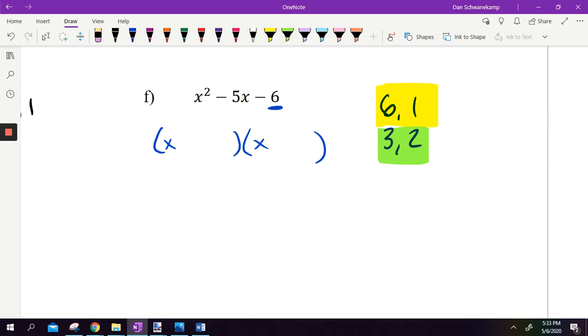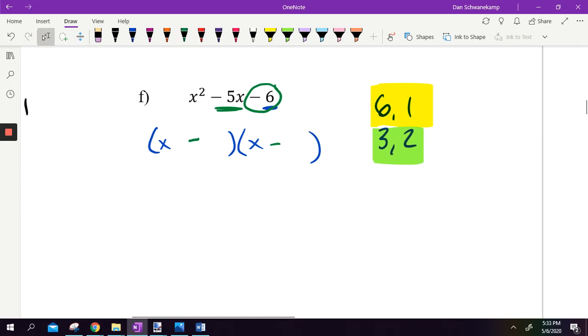The key is the signs. How could I get negative 5? Well, I could do negative 3 and negative 2. Those two things added together get me negative 5. But if I multiply these two things, negative 3 times negative 2, that would get you a positive 6. And I want it to be negative 6. So my answer is not negative 3 and negative 2.